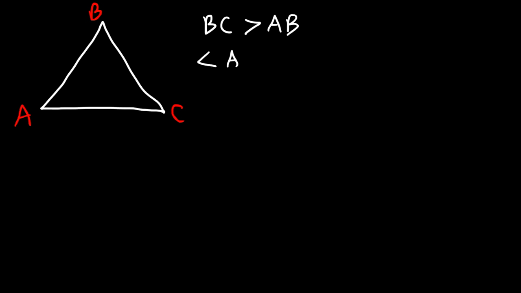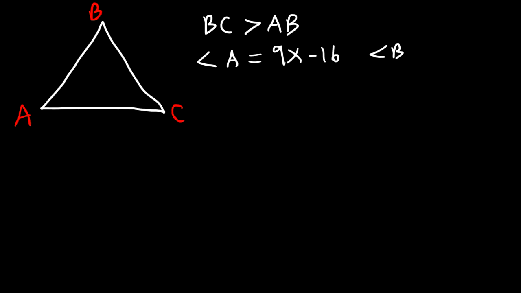Now let's look at another problem. So let's say this is A, B, and C. Now let's say that we're given that BC is greater than AB. And we're also told that angle A is equal to 9x minus 16.